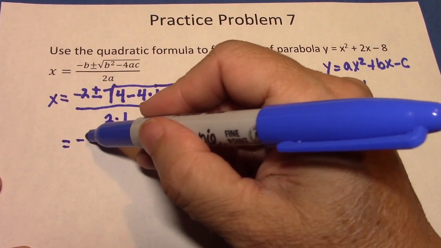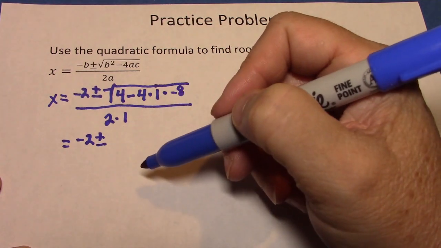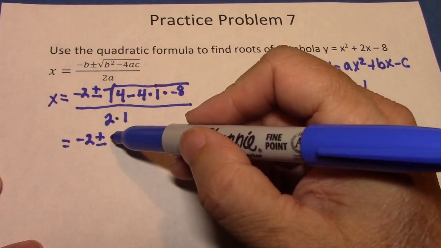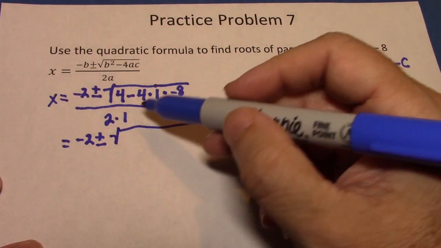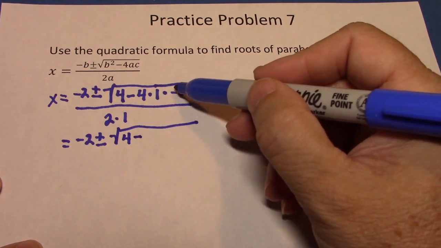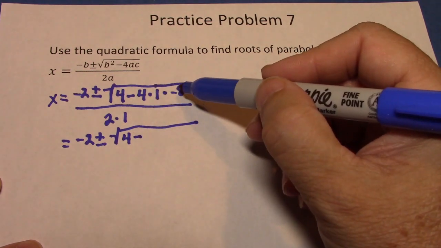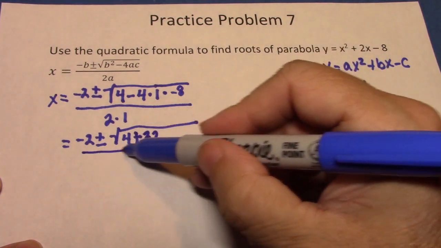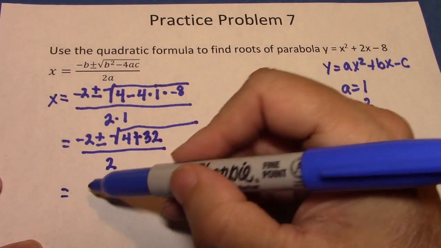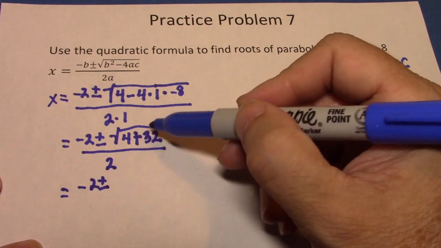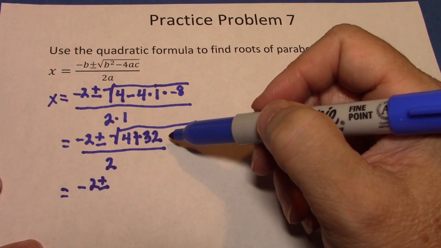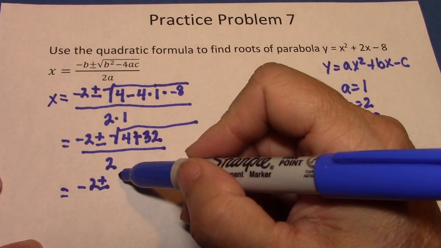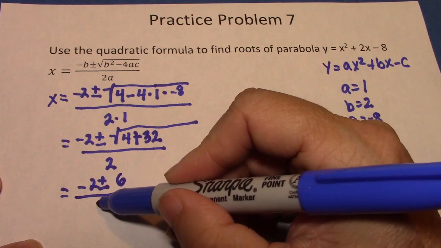Okay, so negative 2 plus or minus. I think once you get this far, it's just a matter of being very careful not to make a mistake in copying things down. So 4 minus, but this is a negative 4 times a negative 8, so that's going to be a positive 32. Again, that's over 2. So negative 2 plus or minus, that's going to be the square root of 36, right? 4 plus 32 is 36.